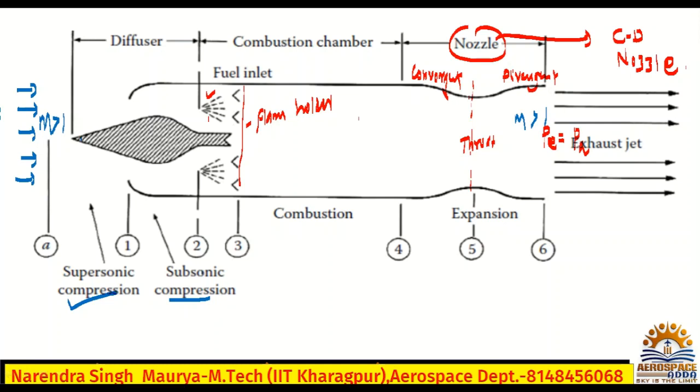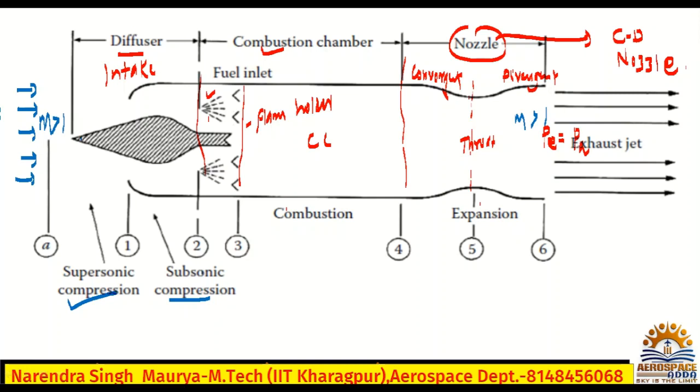And this is the combustion chamber, it is clearly mentioned. Combustion will take place here, and here obviously the flow slows down, so definitely it will be called the diffuser, or intake. This is the combustion chamber, and this is the expansion.